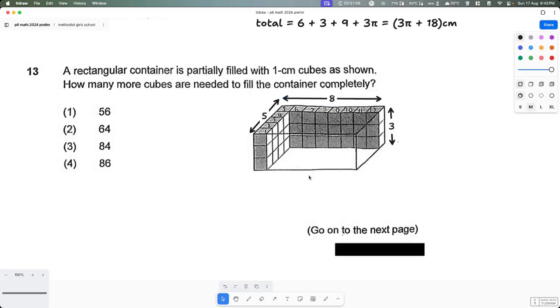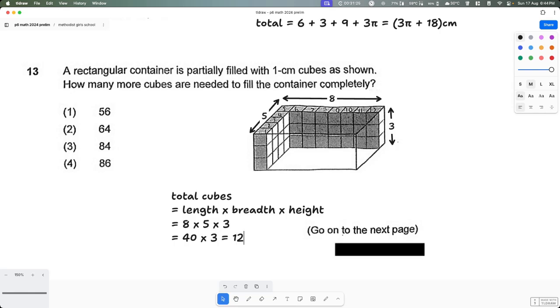All right. So how many more cubes are needed to fill the container? So total cubes will be equal to length times breadth times height, which is 8 times 5 times 3, which is equal to 40 times 3, which is 120.